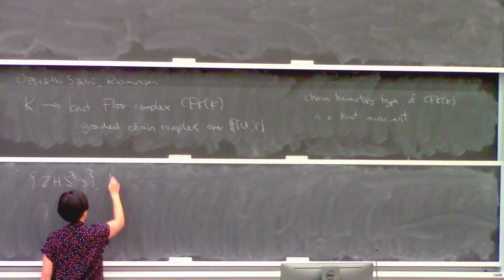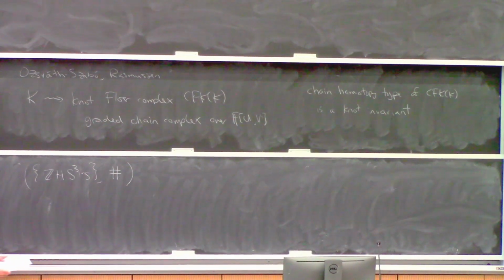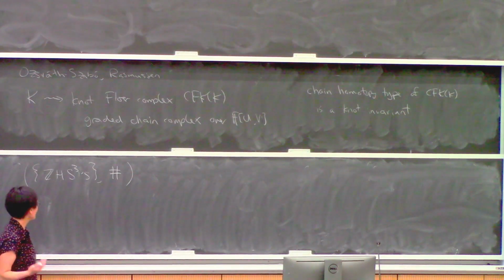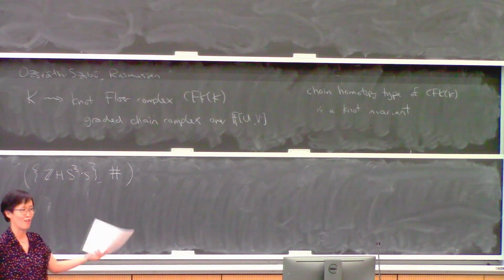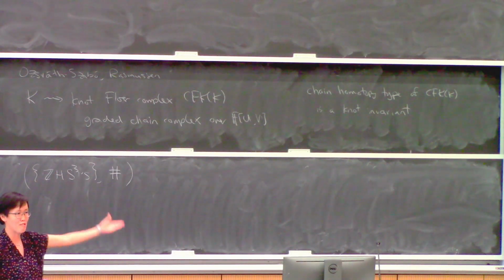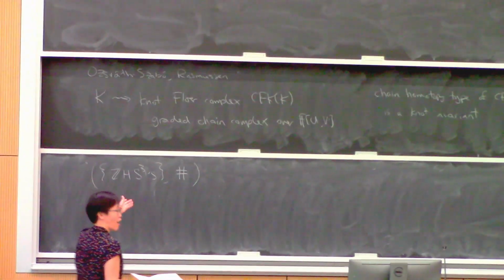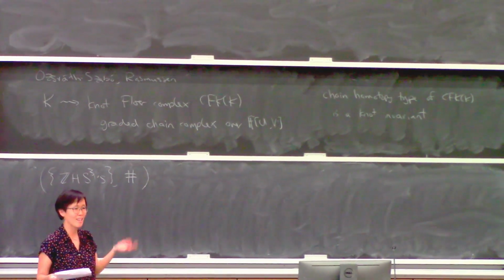We have a binary operation, connected sum. Okay, and now, what have we been doing all day? We have a set with a binary operation. Is it a group? It turns out this is not a group.